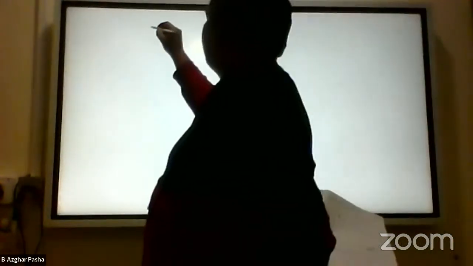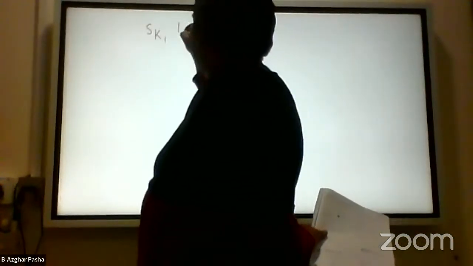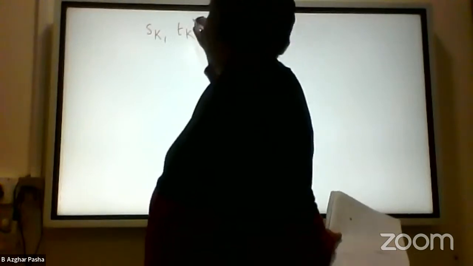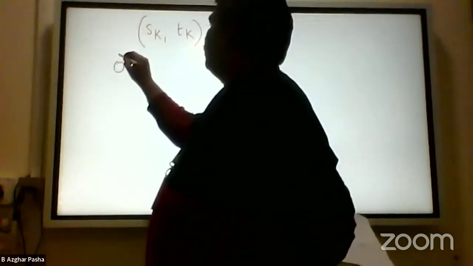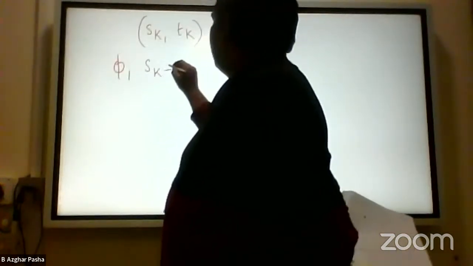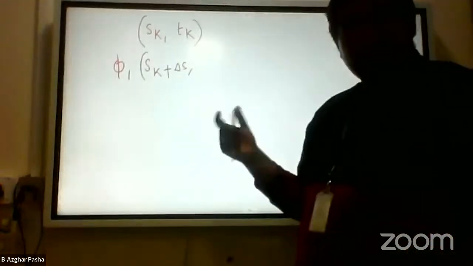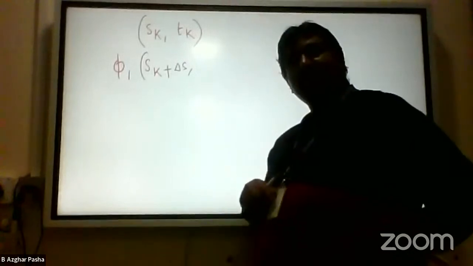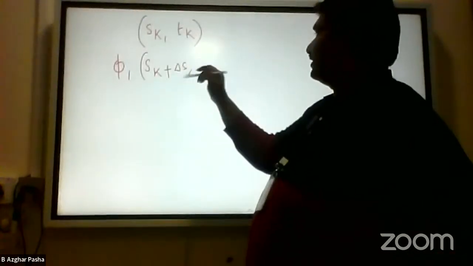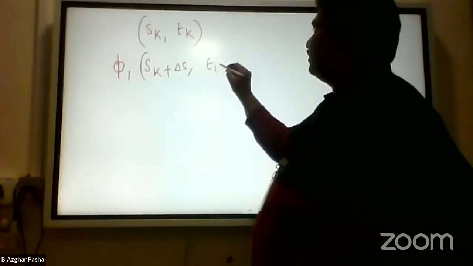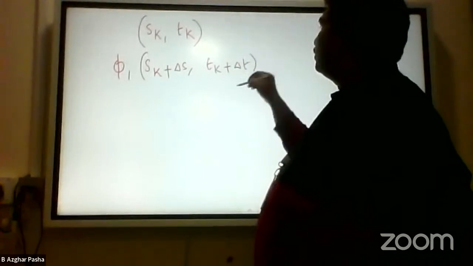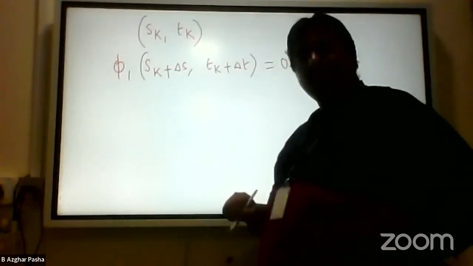Okay, so I'll start with an arbitrary approximation, say SK, TK. Assume that SK plus delta S, I have to fine tune it. That delta S is the missing thing. If I add delta S to SK and some delta T to TK, this becomes 0.